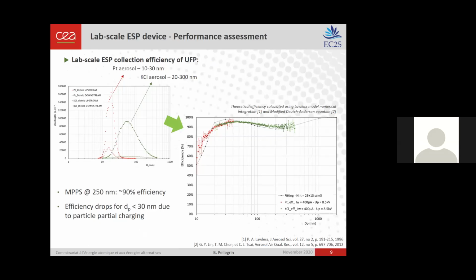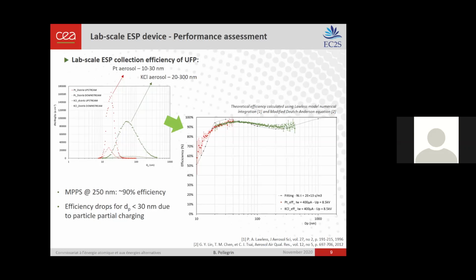Additionally, we also used a platinum aerosol to challenge the lab scale prototype. This aerosol, as presented here, comprises very small particles ranging from 10 to 30 nanometers. And you have on the right-hand side the results obtained in terms of efficiency as a function of the aerosol particle size.